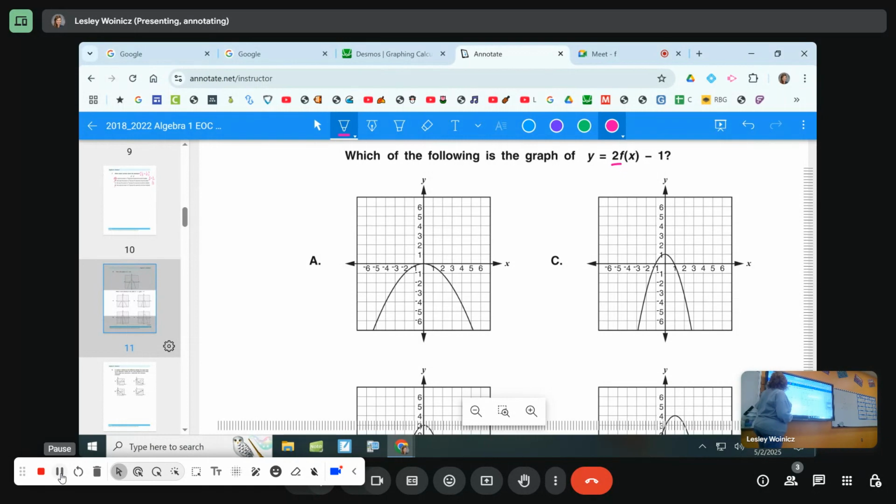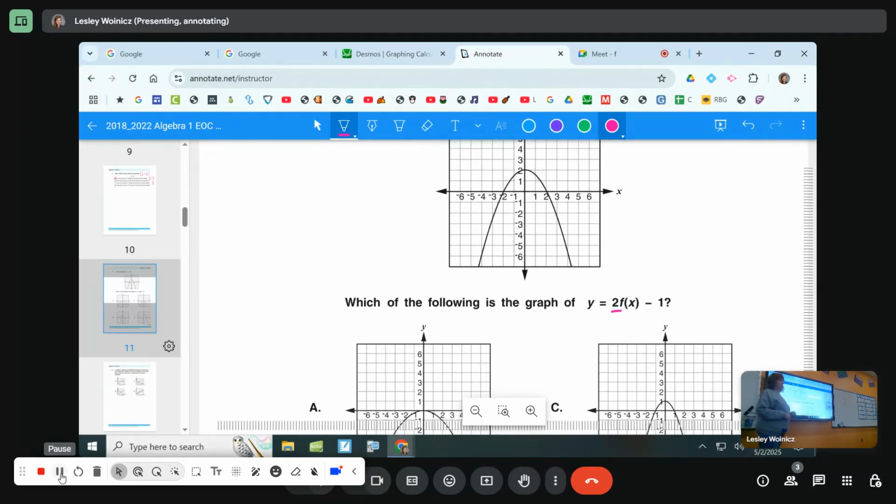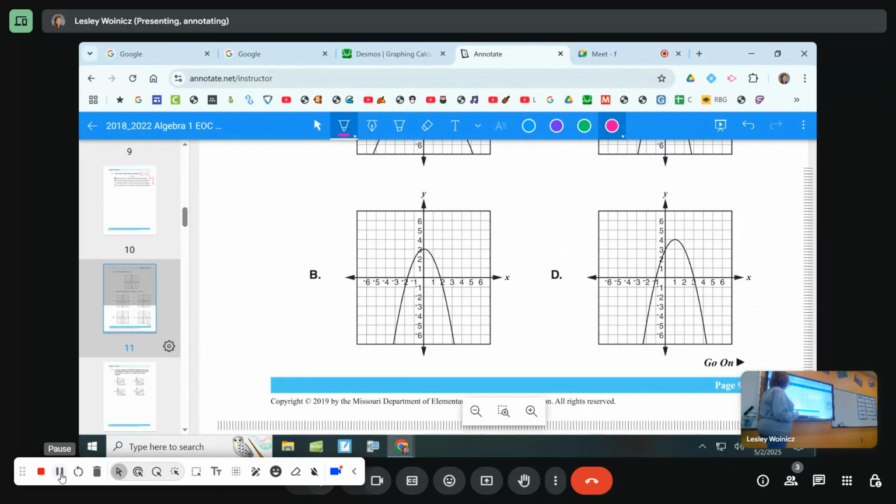But since we're multiplying by 2, what's 2 times 2? 4. And then subtract 1 from 4. What would that get us? 3. So that would be B. Oh, we didn't look at the first graph. Gotta look at that first graph. That makes sense.